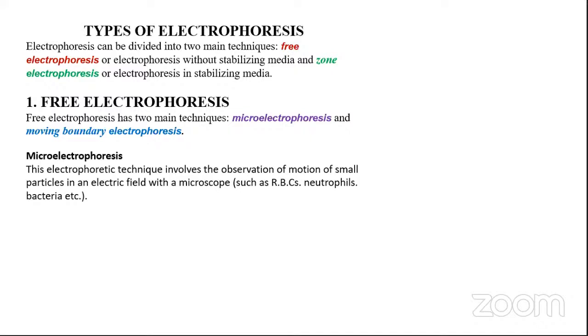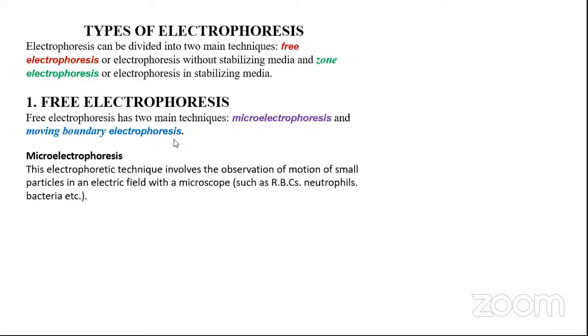And the other form that developed more or less at the same time when free electrophoresis was getting developed was referred to as zone electrophoresis, in which you essentially incorporate stabilizing media to rule out all those drawbacks which are associated with the free electrophoresis process.